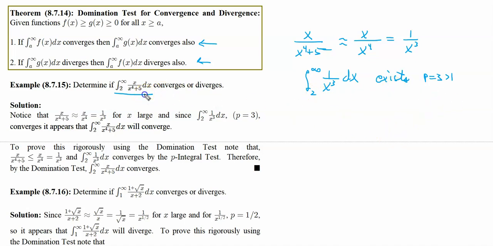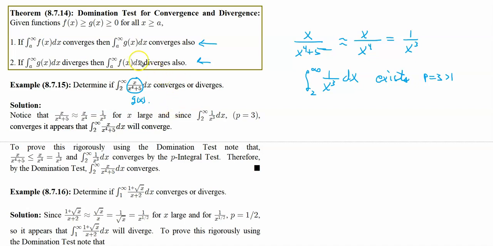So we have a feeling that this is going to converge. All right, but now we need to prove it rigorously using our test. Well, so what we need to do, it seems like we're going to be in case 1. So since we're going to be in case 1, we want to think of this, our integrand here, as being the g of x.